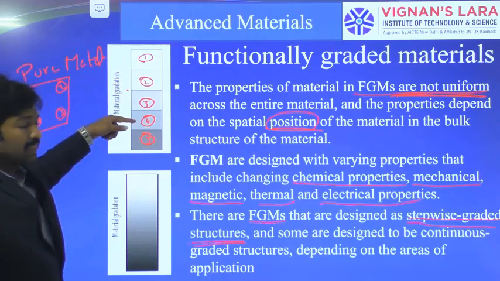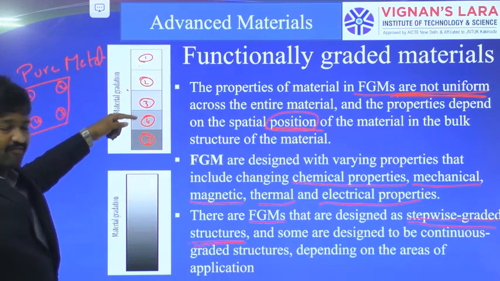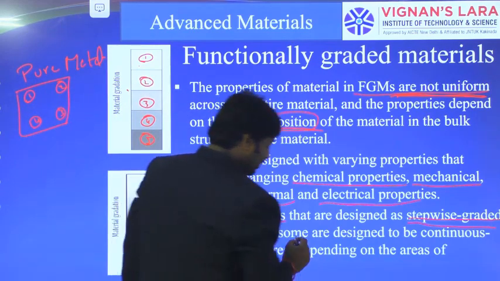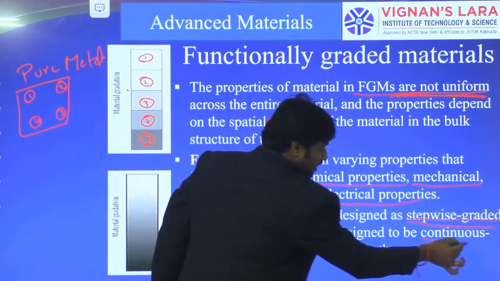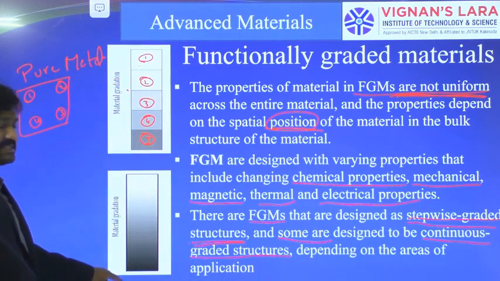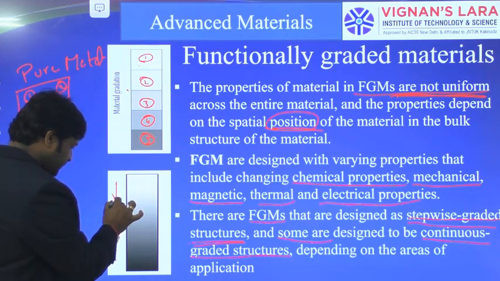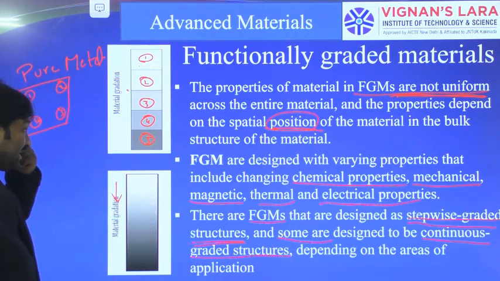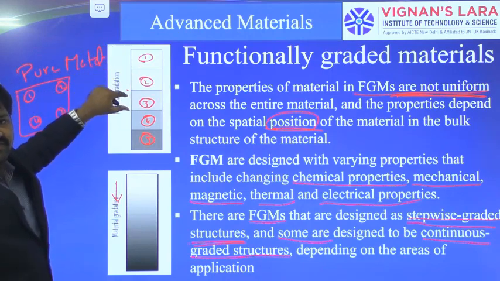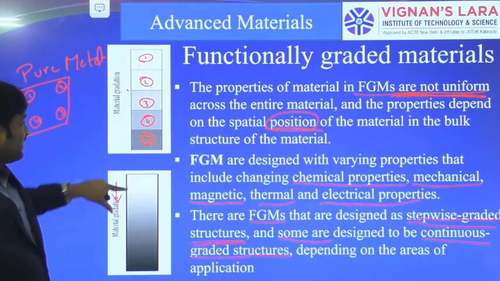So step to step, those vary. Some are designed to be continuous graded structures. So this is a continuous graded structure: along a direction, the property is changing. Here the property changes with respect to steps, with respect to portions.